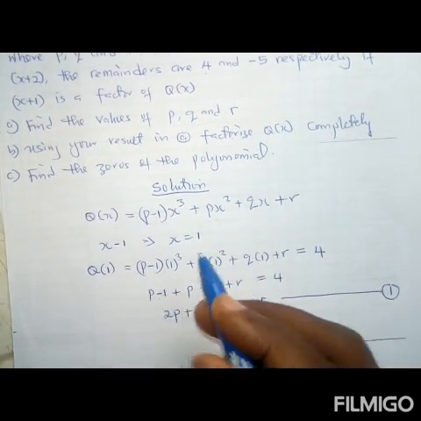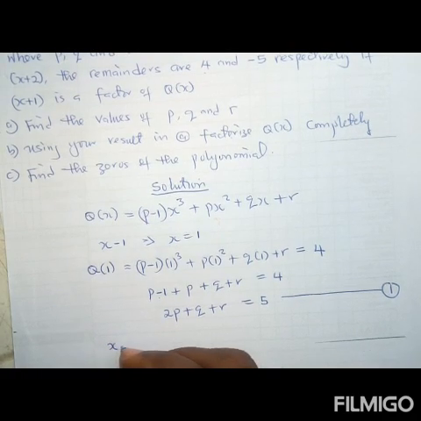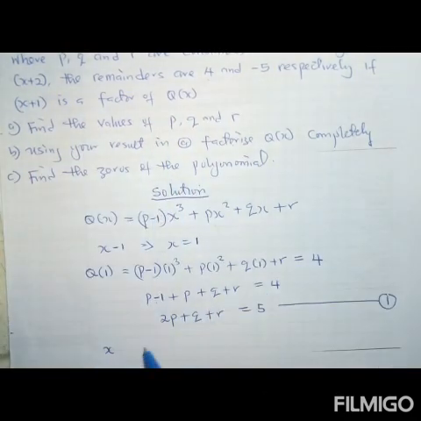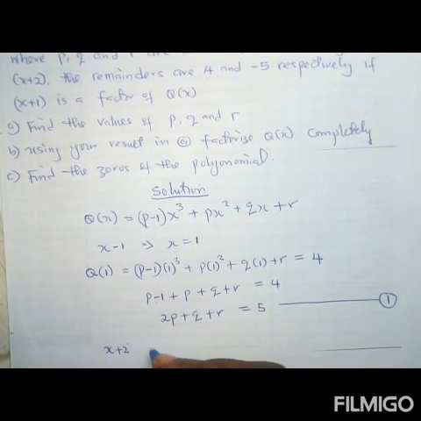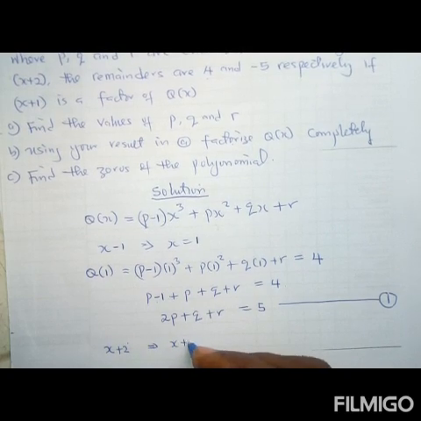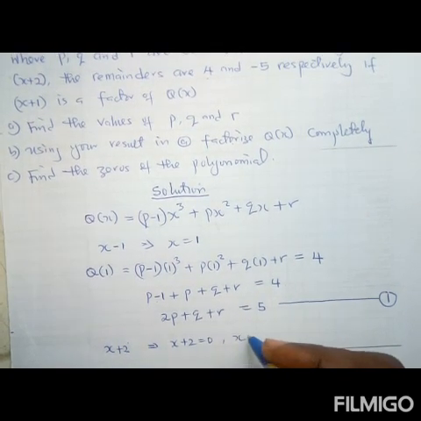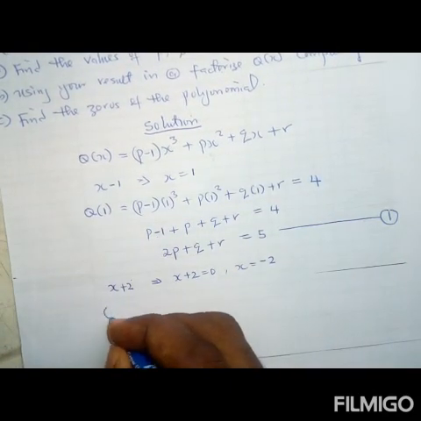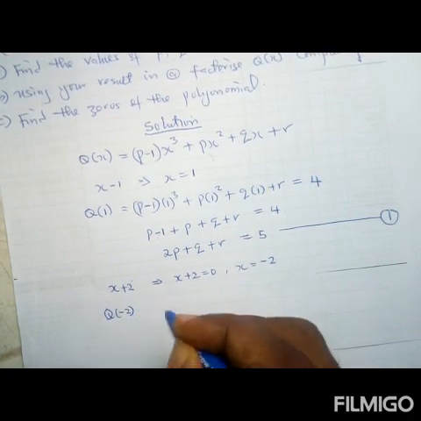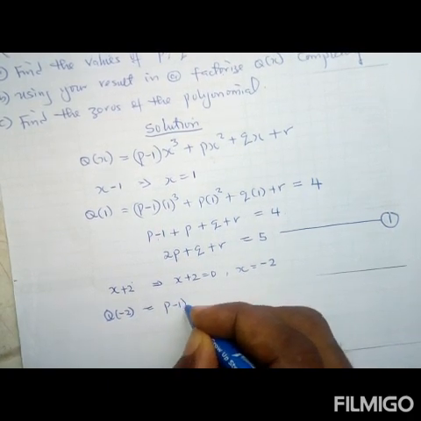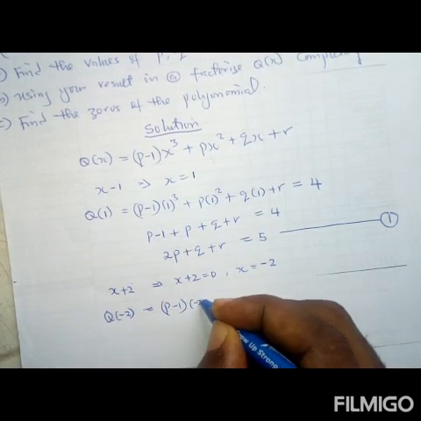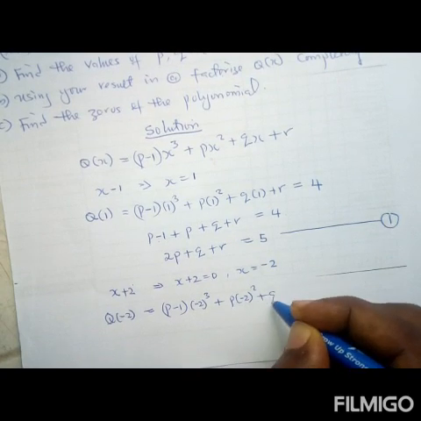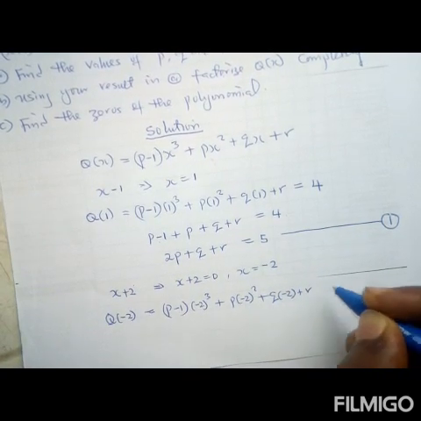The next expression that is dividing is x plus 2. X plus 2 being 0, so that x will be minus 2. If you put it in the function, Q of minus 2 will be (p minus 1) times minus 2 cubed plus p times minus 2 squared plus q times minus 2 plus r.